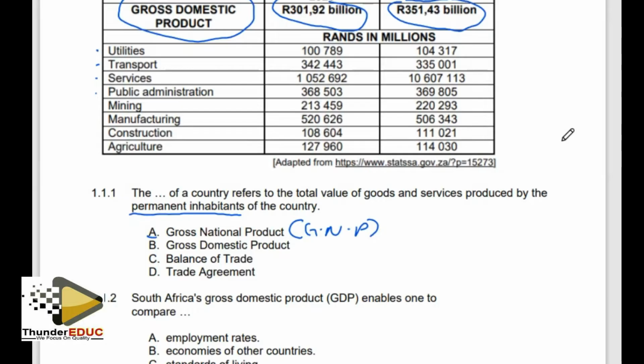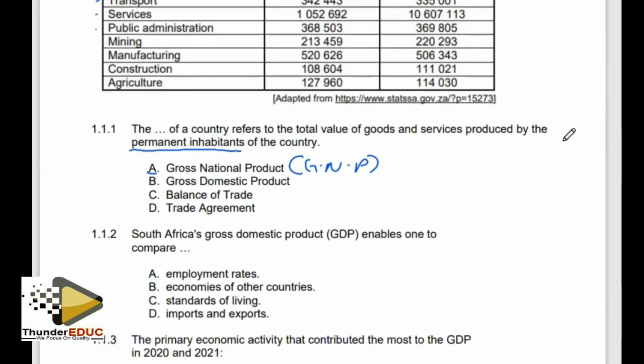Question 1.1.2, it says South Africa's gross domestic product enables one to compare A, employment rates, economies of other countries, standards of living, imports and exports. Now, since GDP, we are looking basically at the contribution domestically, or contribution that is done by people within the country.